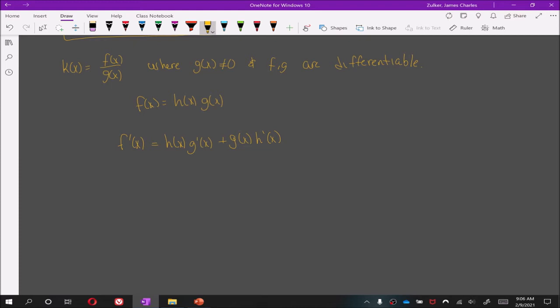Our goal here, I'm going to underline it, is we want to solve for h prime of x algebraically. So if we subtract the h of x times g prime of x from both sides, we're left with this.